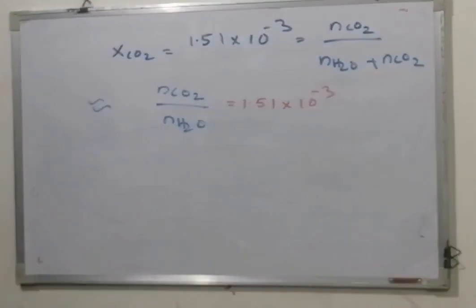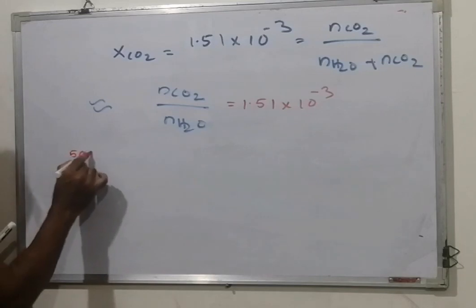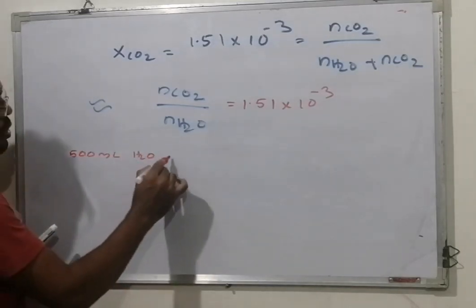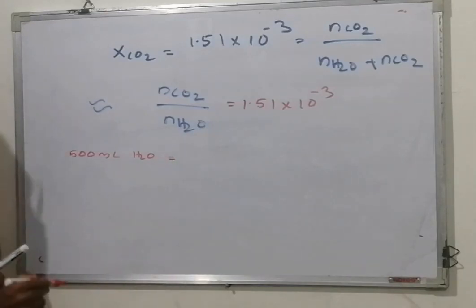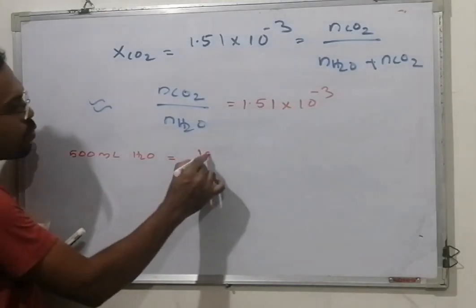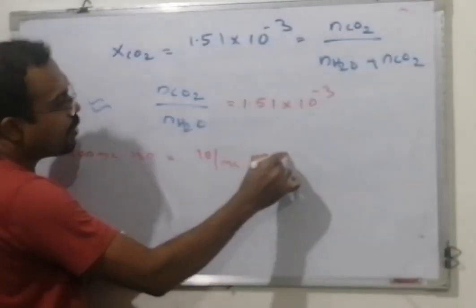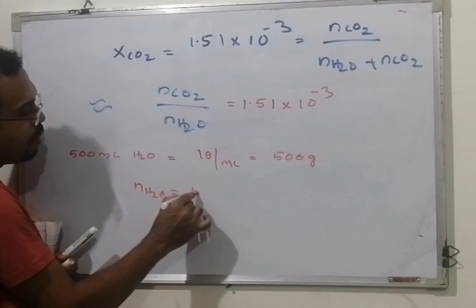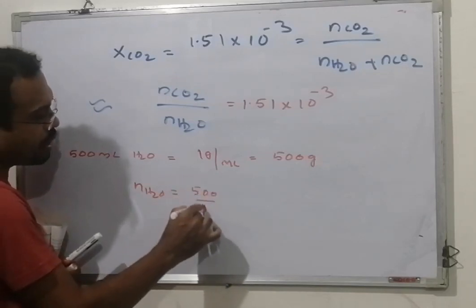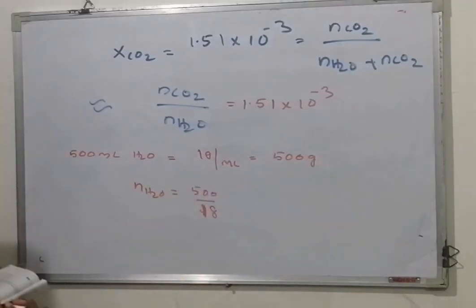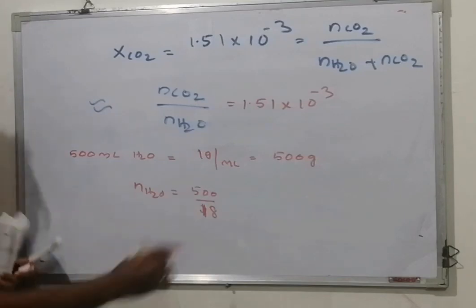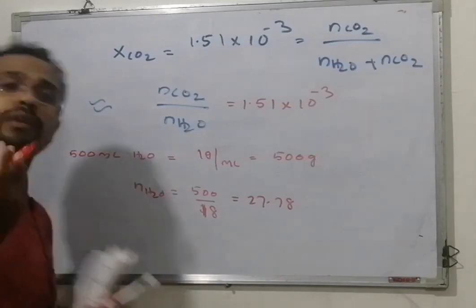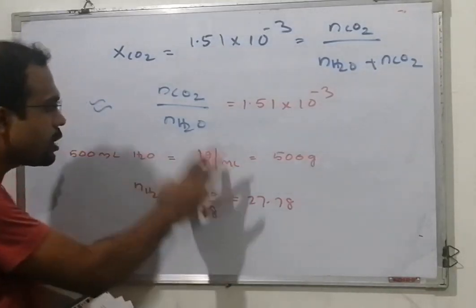Now you have 500 ml water. Its density is 1 gram per ml, therefore it is 500 gram. Number of moles of water is 500 divided by 18, that is 27.78.